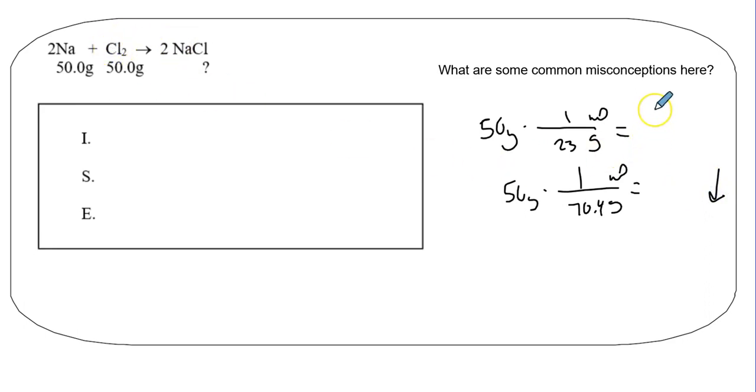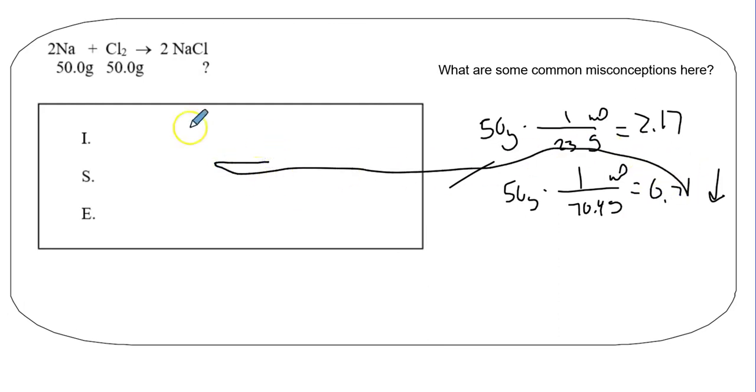But let's just keep going here. 50 divided by 23 equals 2.17. And then the 50 divided by 70.4 is 0.71. Okay, 0.71.